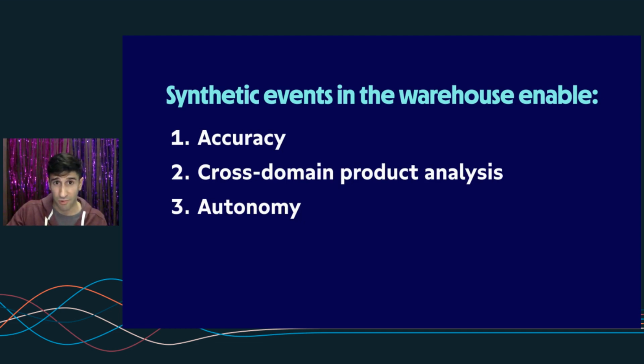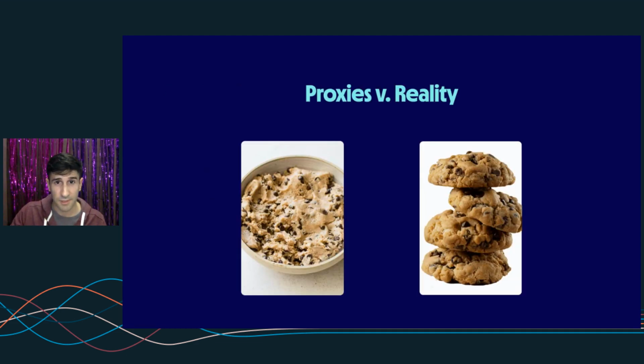How did we get here in the first place? The truth is, when we do data work, we frequently measure metrics via proxies. And I'm going to explain by way of a silly cookie-themed analogy here. Who here likes cookies? I love cookies. Who here has ever baked cookies?